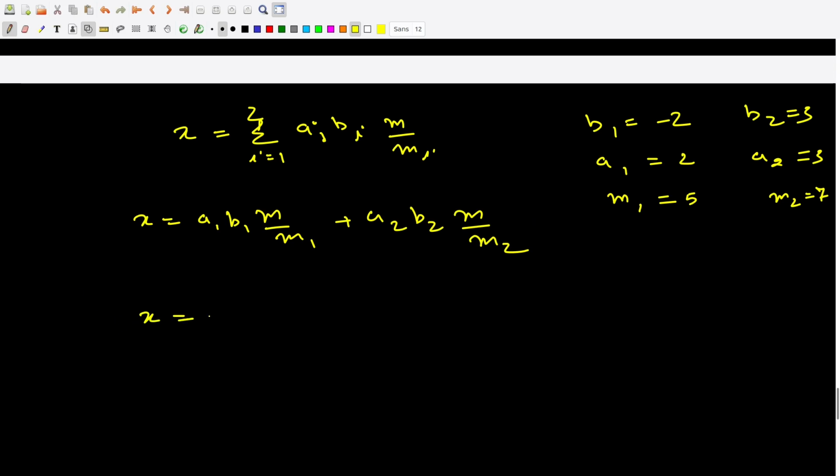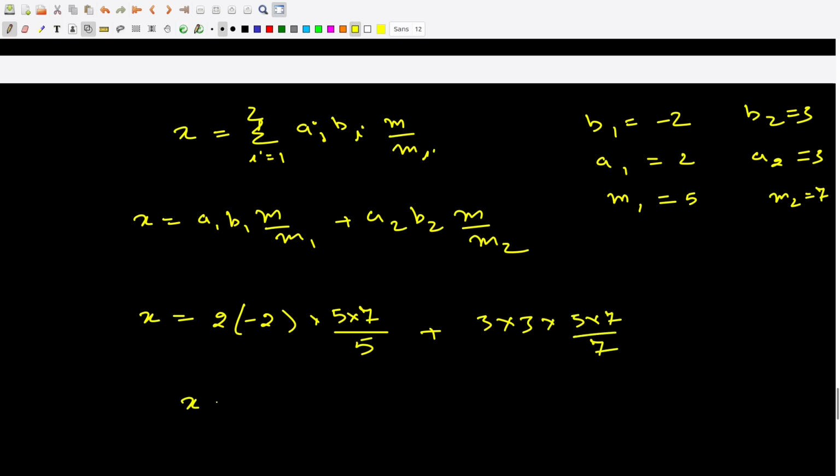Okay, so let's plug all these values here. So what we will get is basically a1 is 2, b1 is minus 2, and this is 5 into 7 divided by 5, plus 3 into 3, since a2 and b2 are 3, and this is 5 into 7 divided by 7.